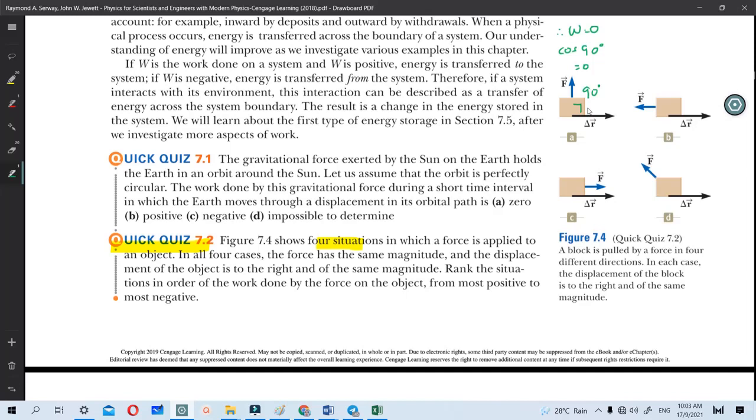They have the same value, but they are different in direction, and therefore this will give you cos 180, which is negative 1. And therefore, the amount of work turns out to be negative F times delta R. How about this one? We are making a comparison with this one. So it turns out to be positive F delta R.